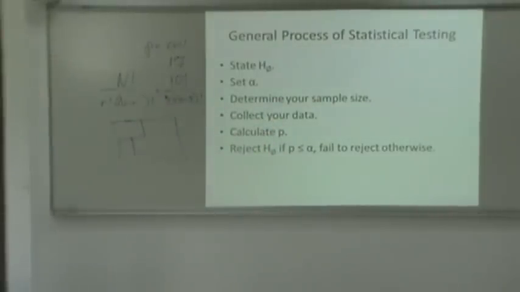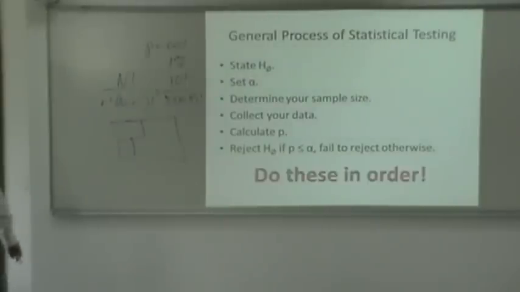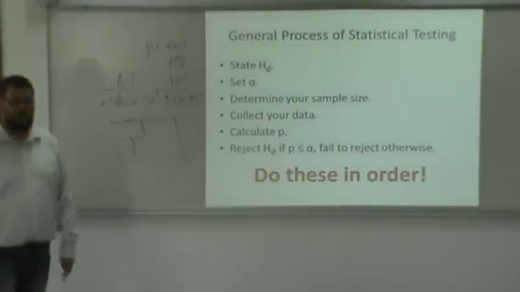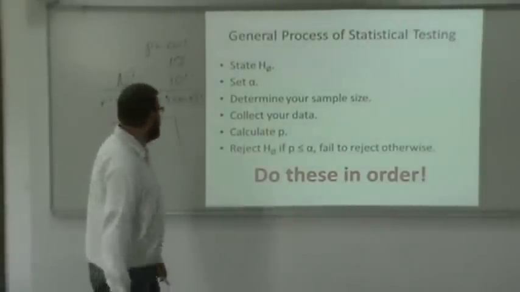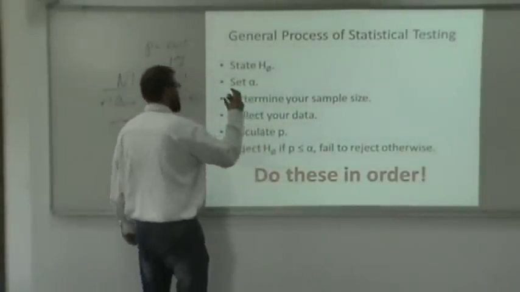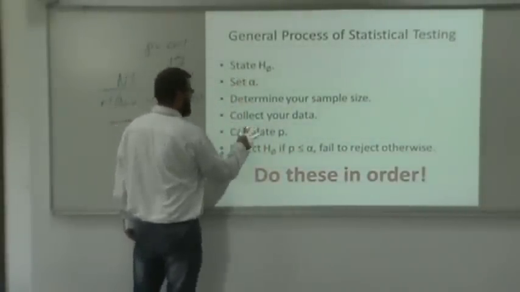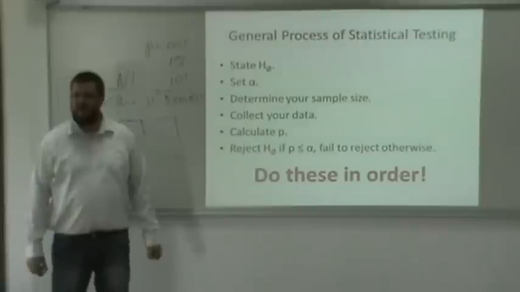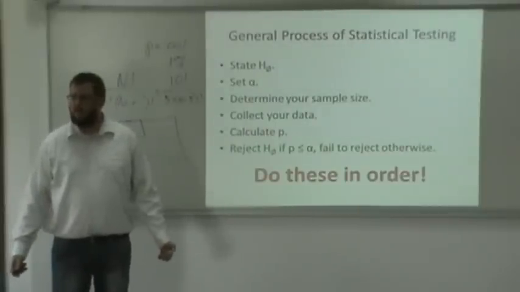Once we calculate p, we make our decision. We reject the null hypothesis if p is less than or equal to alpha, and fail to reject otherwise. You need to do these in order. It's important. There are some people that don't set alpha until after they've already calculated p. What would the problem with that be?